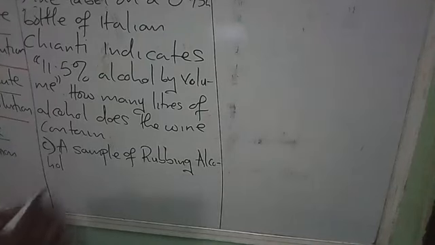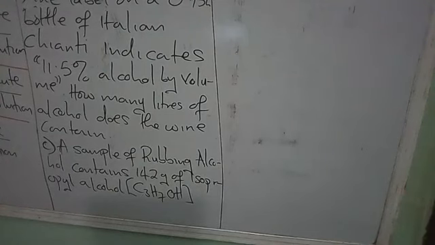It says a sample of rubbing alcohol contains 142 grams of isopropyl alcohol, which has the formula C3H7OH, and 58 grams of water.